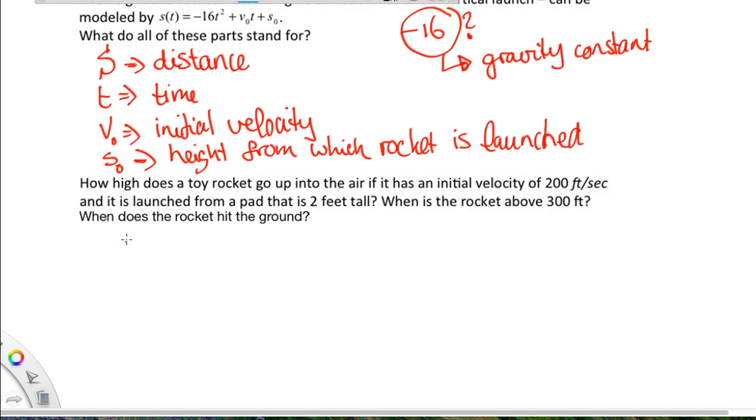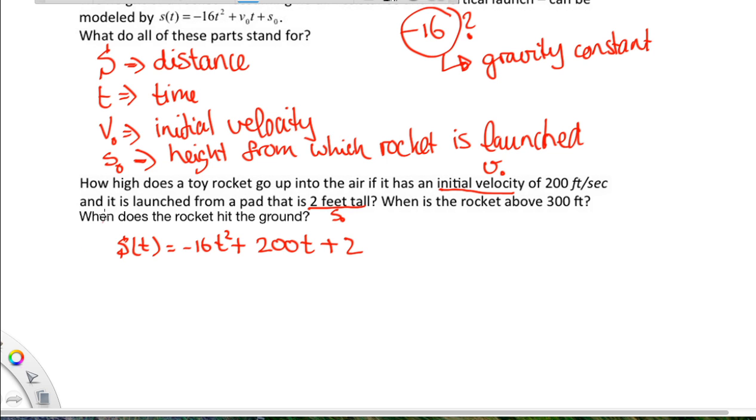The distance after a given time is negative 16 t squared plus v sub 0, the initial velocity, so we do 200 t, plus from a pad that's 2 feet tall, that's S0. So you just literally plug it in, and then you can work with it. So there's the function that models this particular problem.